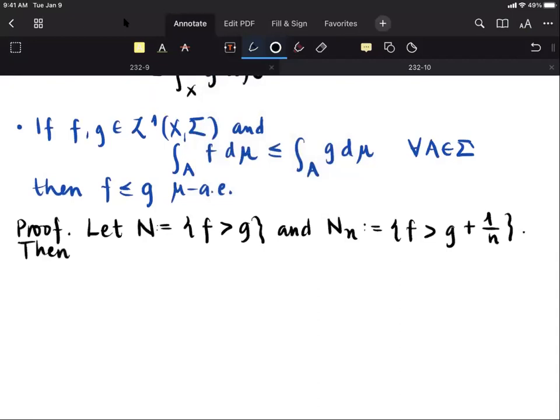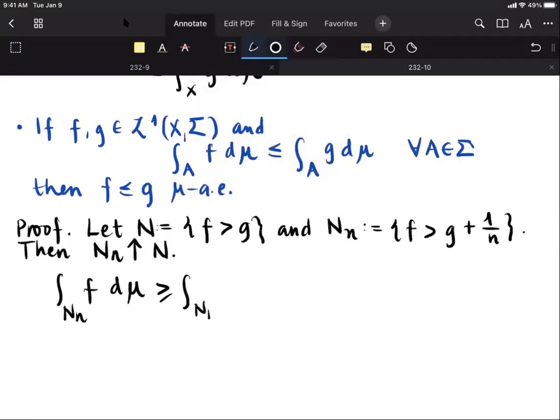Then this sequence N sub n is increasing, and it increases to capital N. So here, starting from the Lebesgue integral of f over the set N sub n, we apply monotonicity.